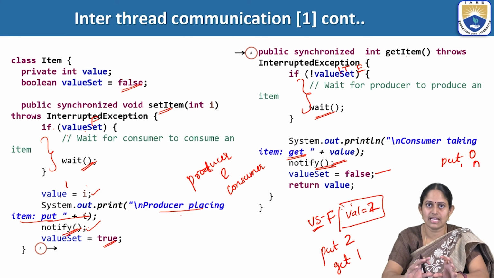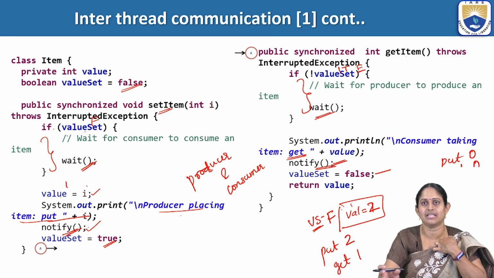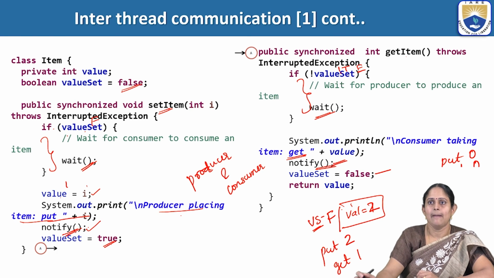For that, synchronization is achieved by the wait method, and the notification among themselves after consuming and placing the items is made by the notify method.